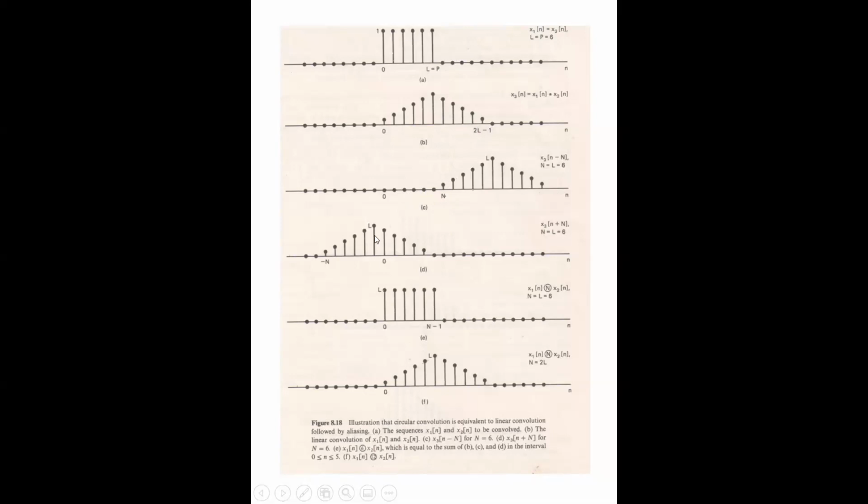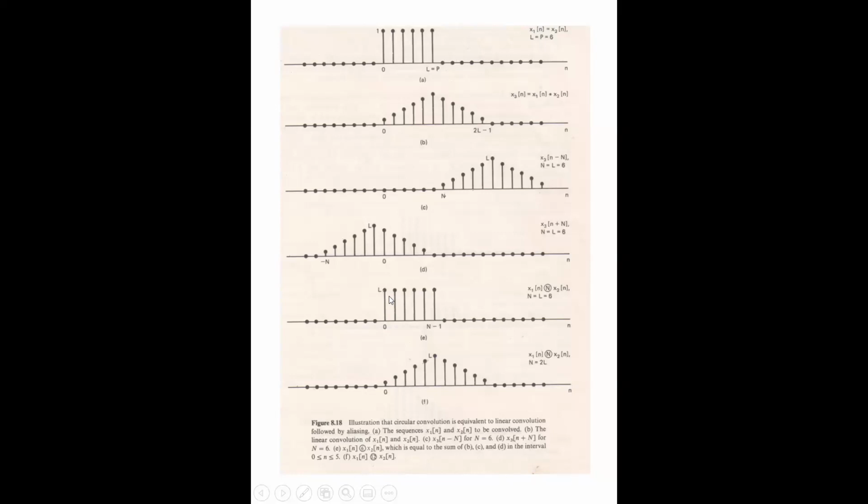Likewise, I have this sequence x3[n plus N], which starts from minus 5. You see that these samples are overlapping. Now if you add these two, you will get one cycle which has 6 samples.